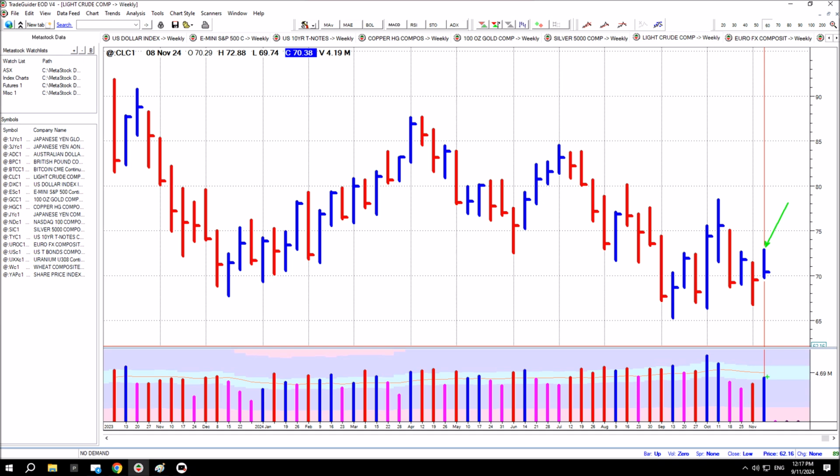And this increased volume, it's about average volume, fraction below average, but we'll call that average. It's close enough to it. Supply has been drawn out. So at best, you'll see the market pull back and test for supply. Otherwise, you may see a little down bar of some description in response.